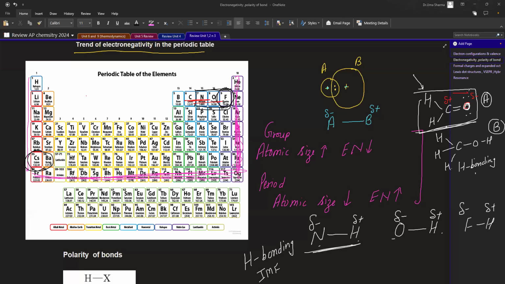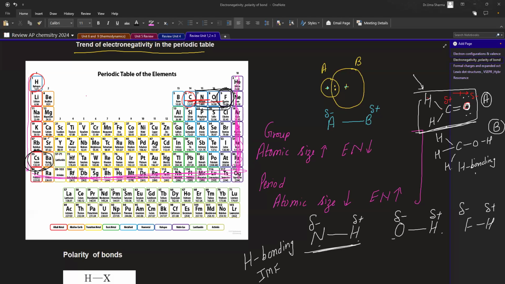So there is a dipole here. Carbon and hydrogen bonds are not polar. We cannot say there is no dipole. There is a dipole, but the difference in electronegativity is very small.